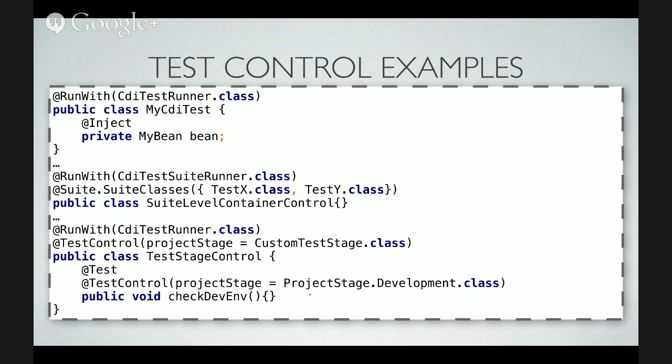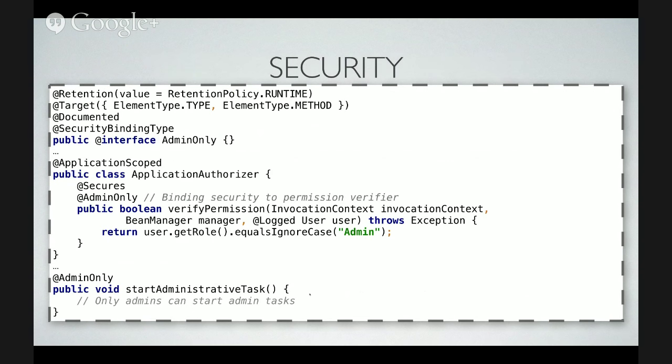The next module will be security. Security defines a bunch of solutions to plug your security solution into your project. So you've got a solution about security binding for your project. Here you see that we define an annotation called AdminOnly, and the @SecurityBindingType defines that it will be used in the security engine of DeltaSpike.